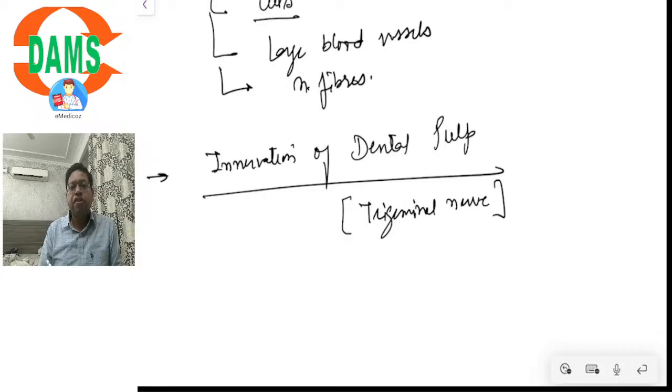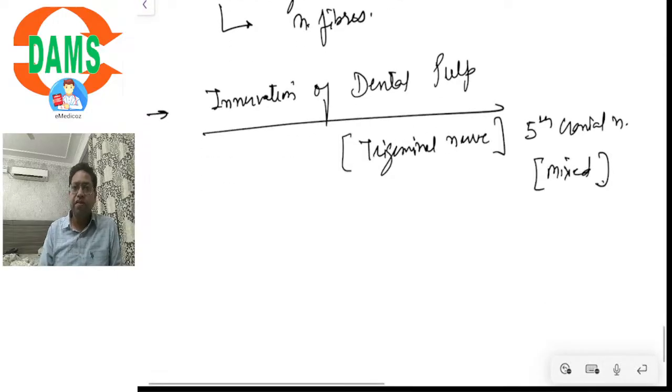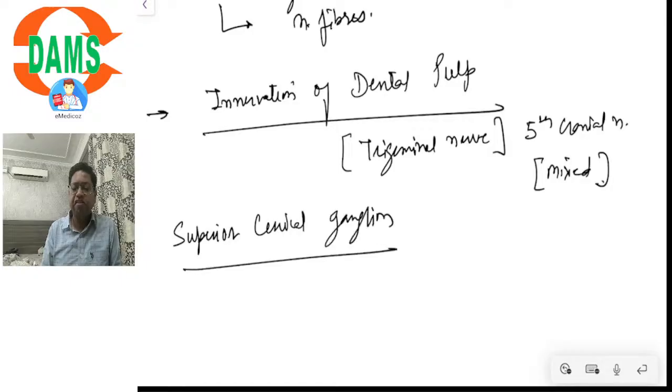Trigeminal nerve is basically the fifth cranial nerve. That is a mixed nerve. It consists of both sensory and motor fibers. So innervation basically starts from the superior cervical ganglion, which is present in the middle cranial fossa, petrous part of the temporal bone.